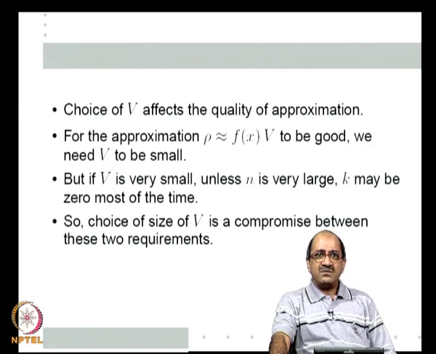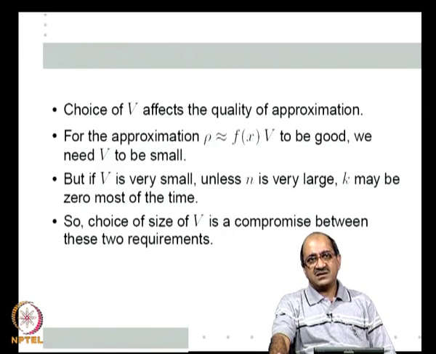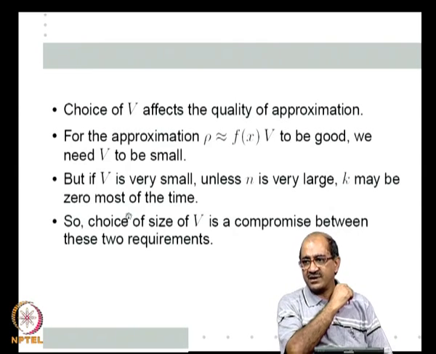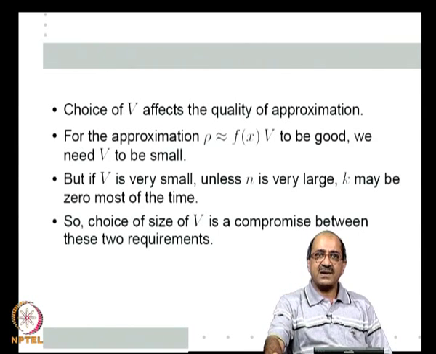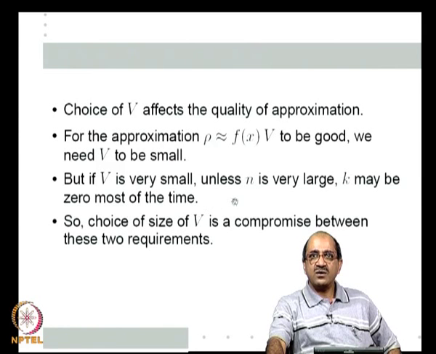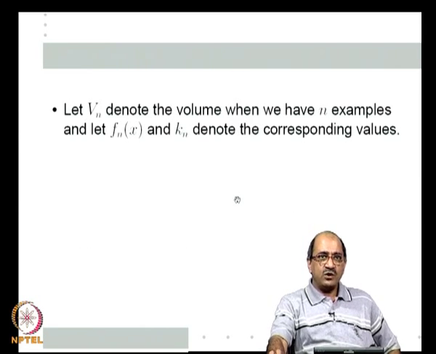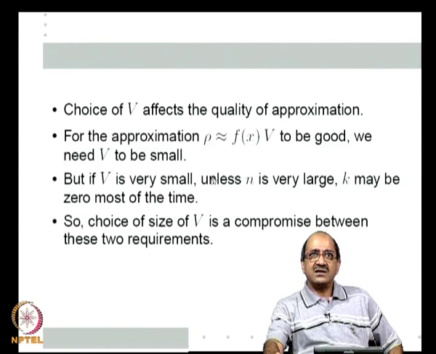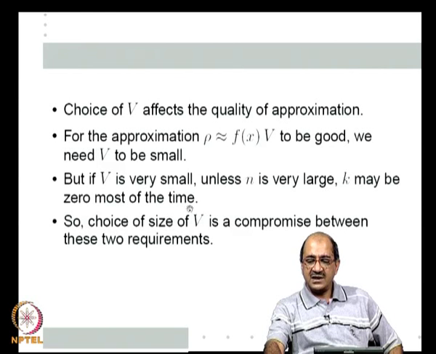We are going to put some nice models and equations around this concept, but ultimately this arbitrary choice of the volume element does not go away. Okay. It's a matter of practice, and for the given data, we have to find what the good choice is. But before we go there, as we have seen, how small v should be all depends on how large n is, right.